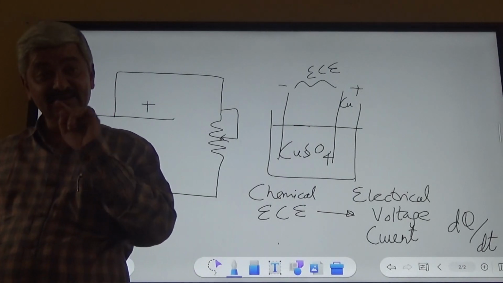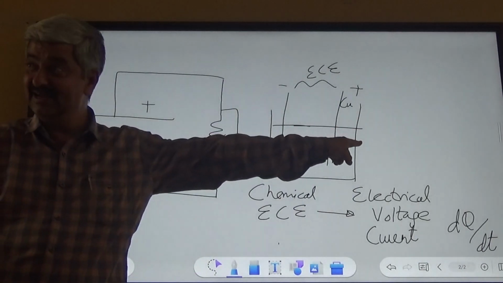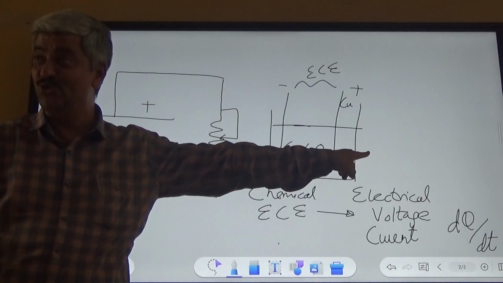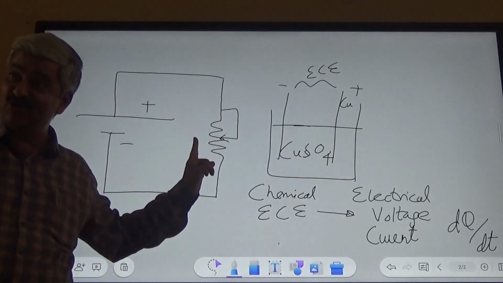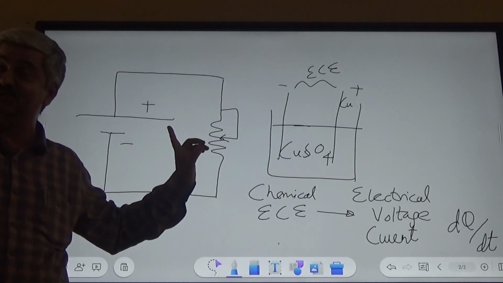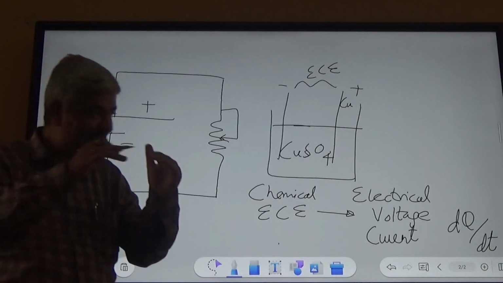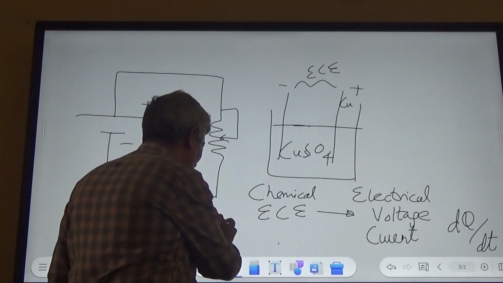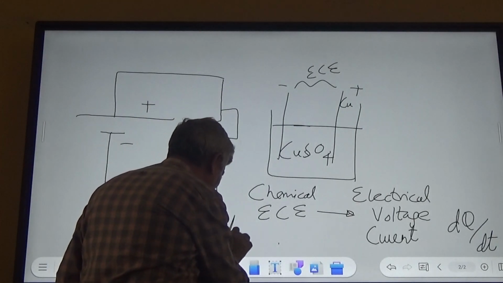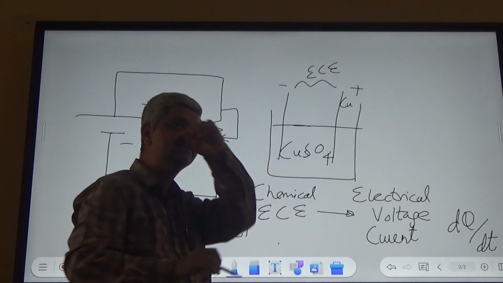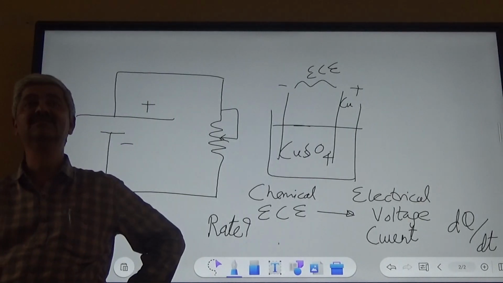What something? This is a rate. The current is the rate of something. So on the chemical side also it should be connected to a rate of something. Agreed? It is the rate of some happening. It must also be some rate. Then do you recollect? Rate of what?